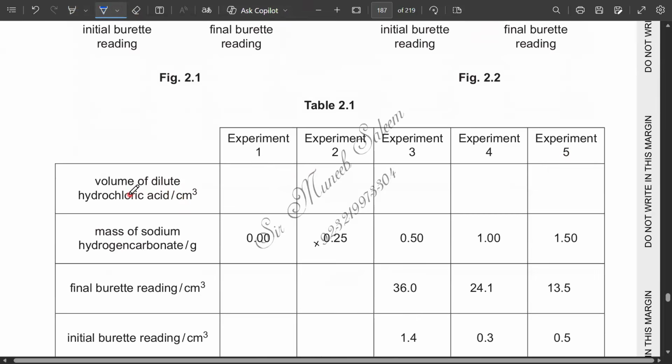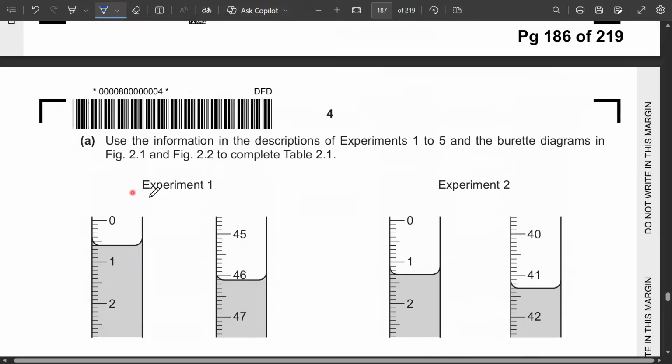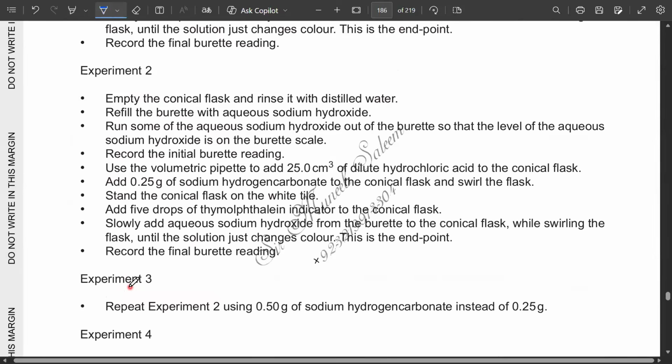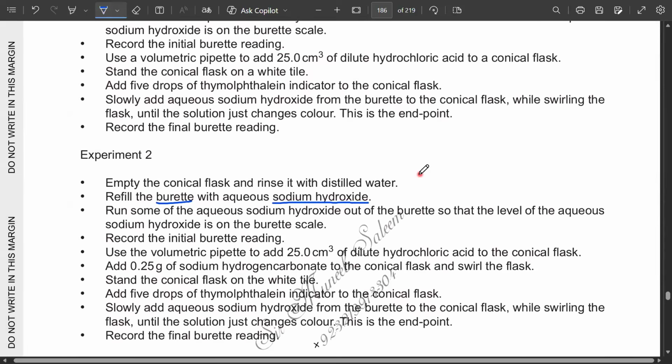So how much volume of the dilute hydrochloric acid is used? According to the question, this is a picture of the burette, and inside the burette, they have used the sodium hydroxide. So we are not supposed to tell the volume of sodium hydroxide. We are supposed to tell the volume of the hydrochloric acid used in all the experiments.